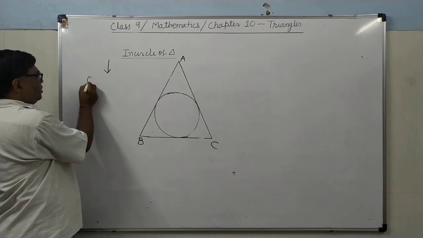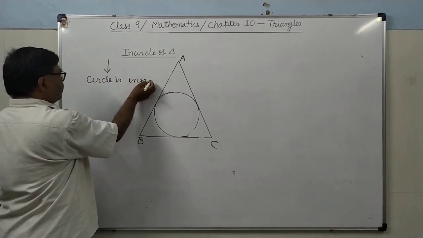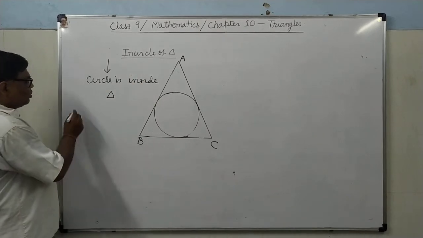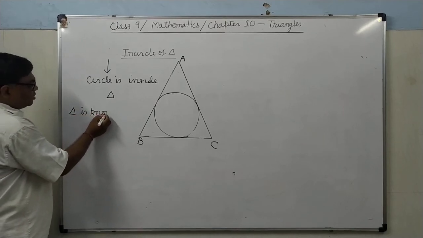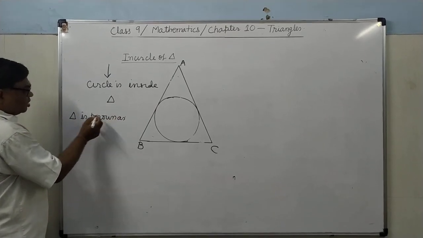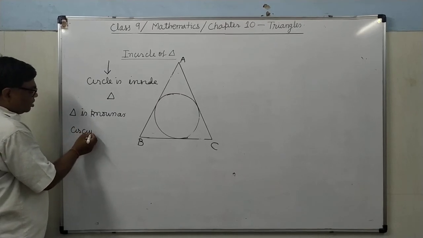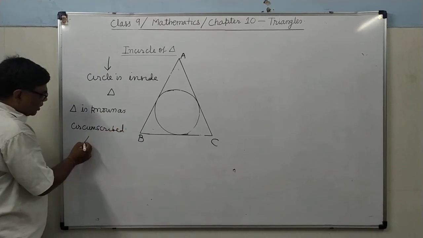The circle is inside the triangle, and the triangle is known as a circumscribed triangle.